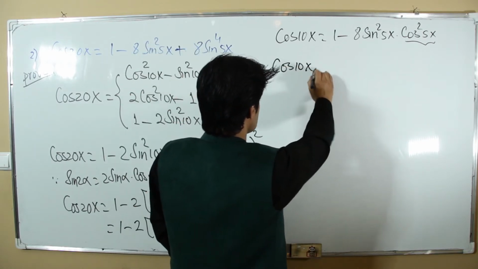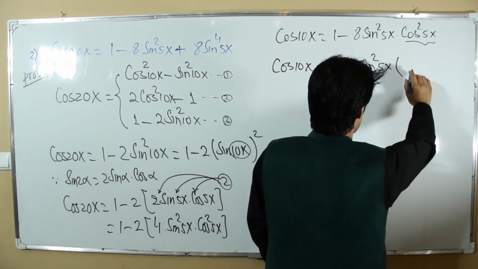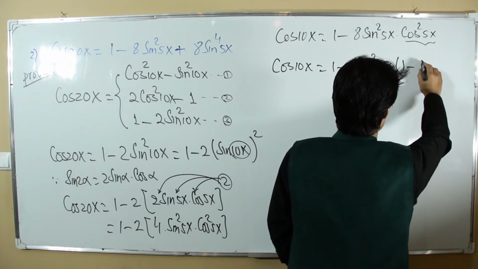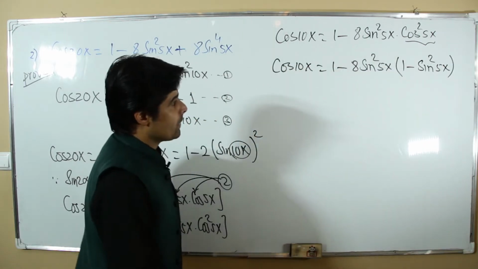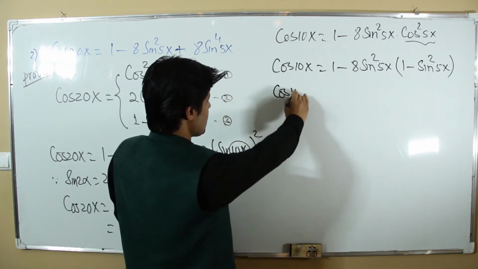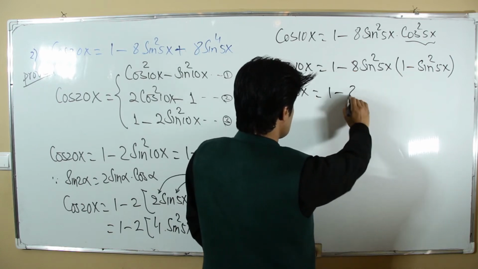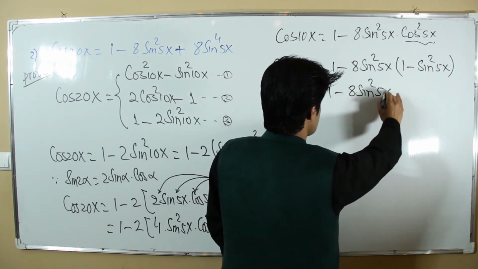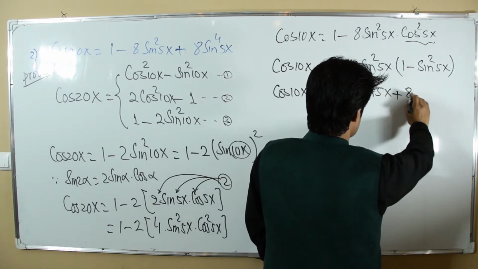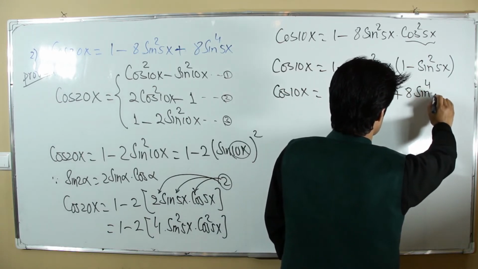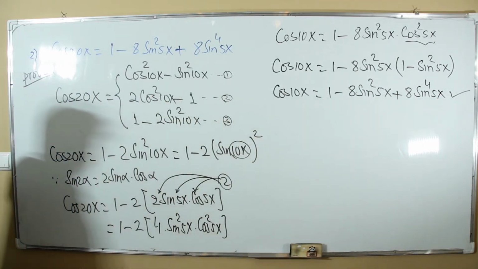Cosine of 20x is 1 minus 8 sine square of 5x, open a bracket and write 1 minus sine square of 5x. Am I right? Yes. Now you can open this bracket and solve it. 1 minus 8 times this one, it's 8 sine square of 5x. Negative with this negative, it's positive. 8 times this one, 8 sine to the power 4 of 5x. I think it is proved. Write it, please.